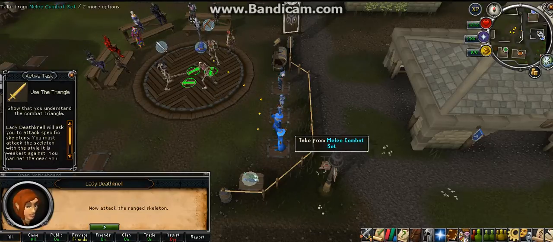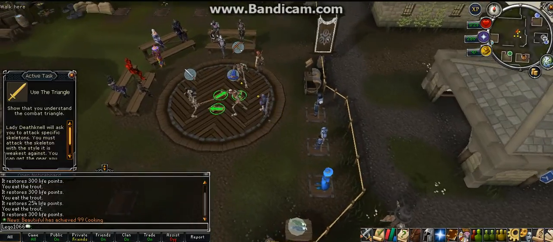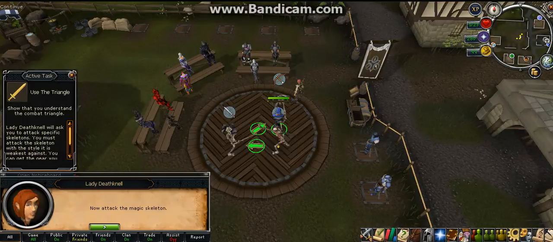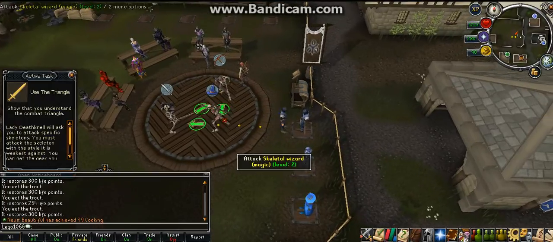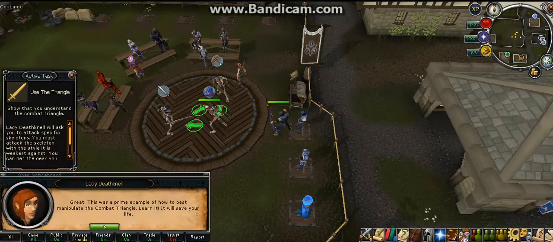Now attack the ranged skeleton. Excellent. Now attack the magic skeleton. Great. This was a prime example of how to best manipulate the combat triangle. Learn it. It will save your life.